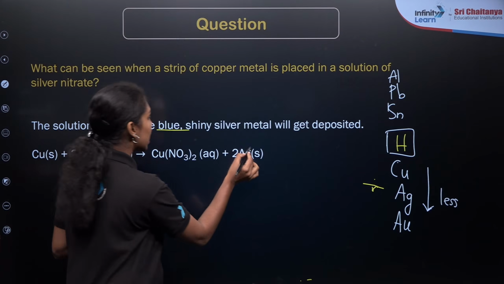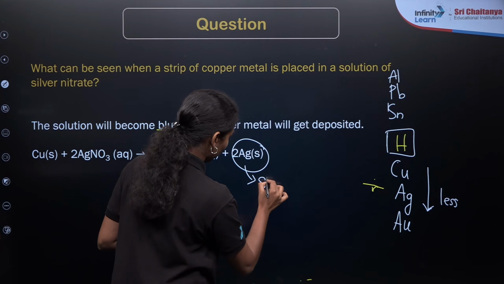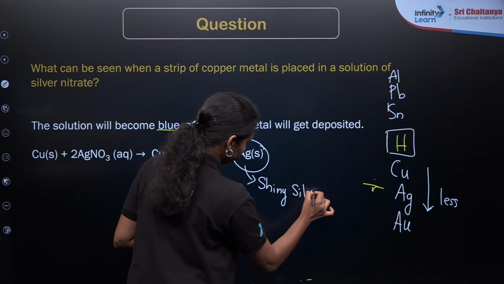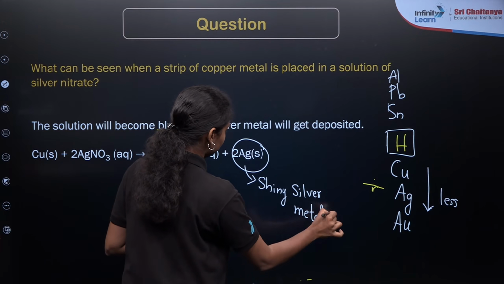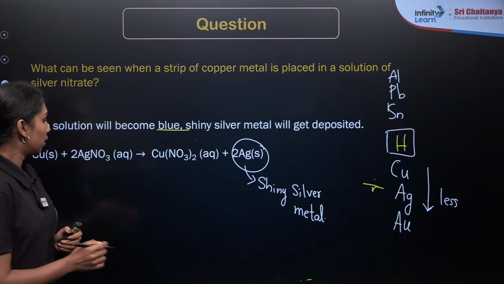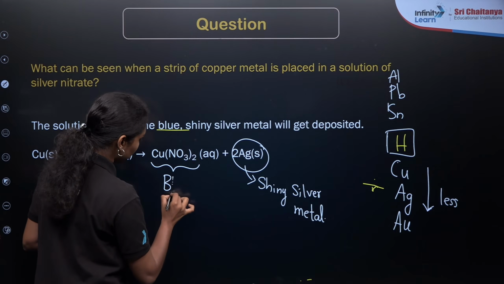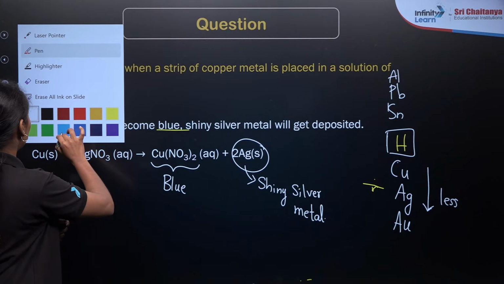That is why shiny silver metal is observed there as a result. And the complete solution will change color to blue because copper nitrate is blue in color. Is there any doubt?